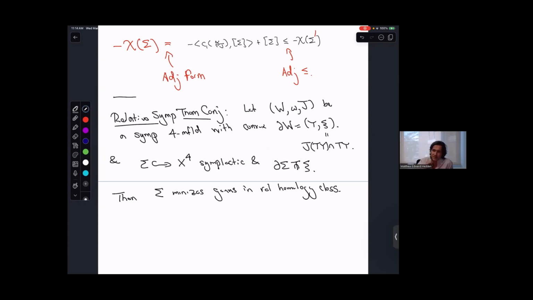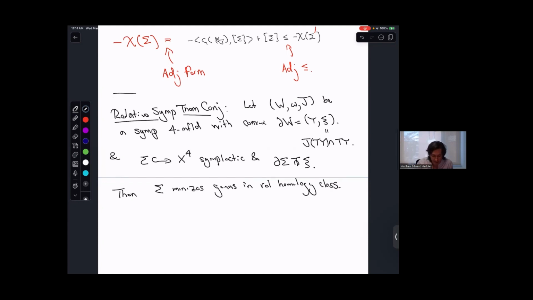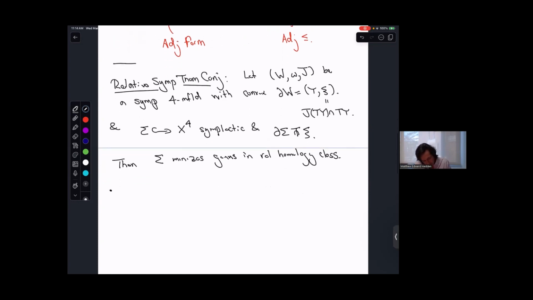Okay, so one approach to this, and I think this was known for a while, and it was spelled out in a paper by Gadgil and Kulkarni, is that you can take that surface that you have and cap it in some larger closed symplectic four manifold.